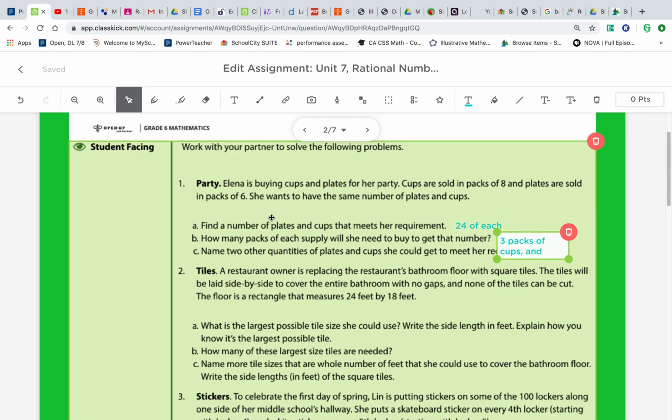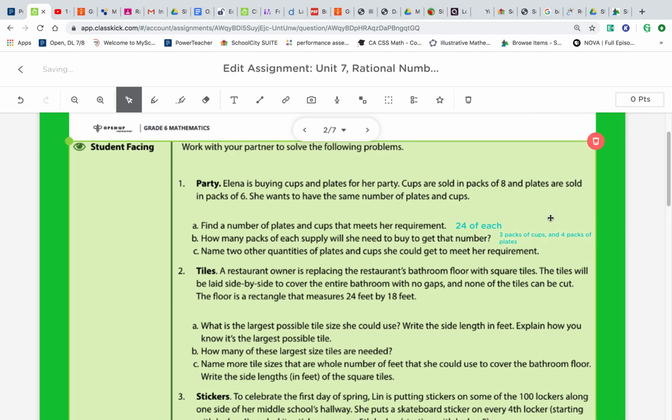And how many would she need to get to 24 for the plates? It would need to be 4, right? So 4 packs of plates. So if she's going to the store, they would say, okay, this is what you're going to pick up. You're going to pick up 3 of the cups and 4 of the plates.